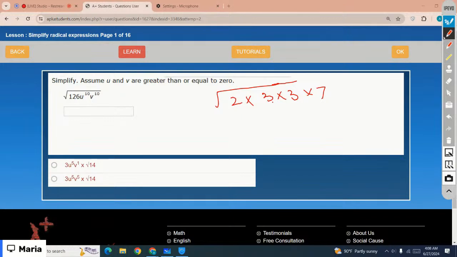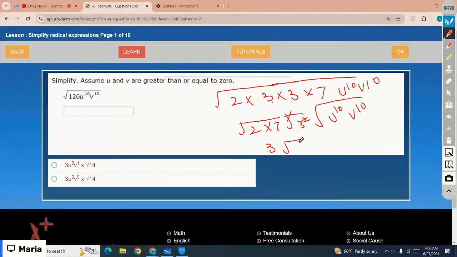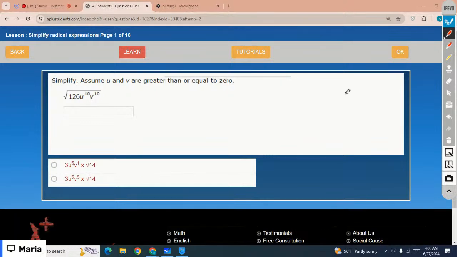Got it? You have u10 and v10. So you can write them as 2, 3 square and u10 and v10, right? So that would be 2 and square 3 cancel out, you're left with 3 square root 14, and u10 you can write it as u5 v5. So the correct option is option number 2, that is 3 u5 v5 times square root 14. Got it? Option number 2 is the correct option.